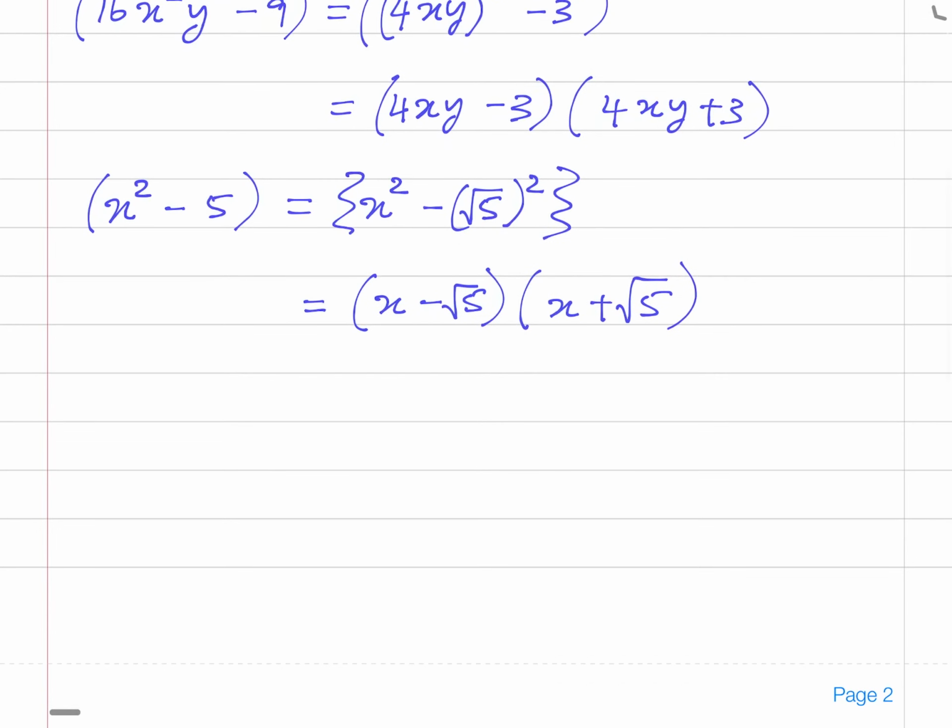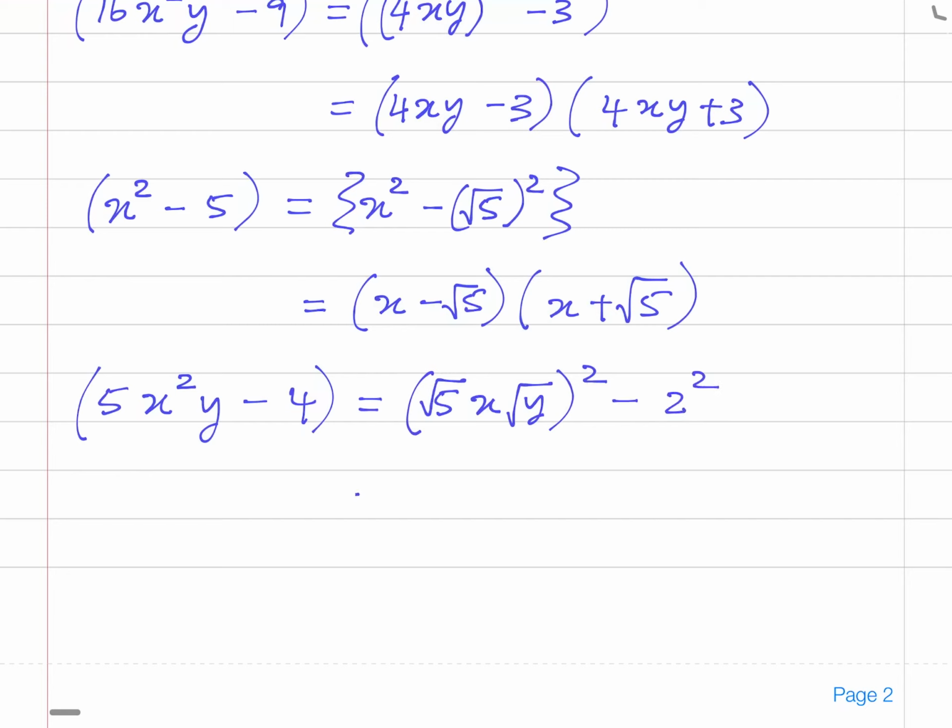Now we will talk about more advanced stuff in this lesson. If we have 5x squared y minus 4, something like that, and then we have to use the difference of squares. First of all, we have to use the structure, which is this, and minus 2 squared.